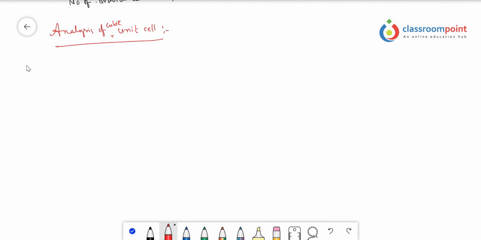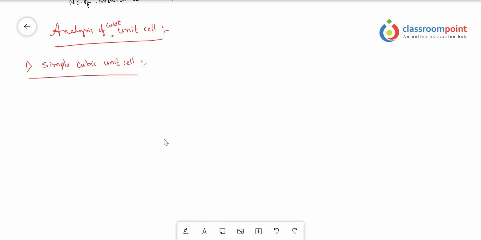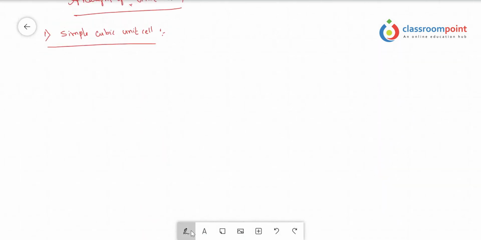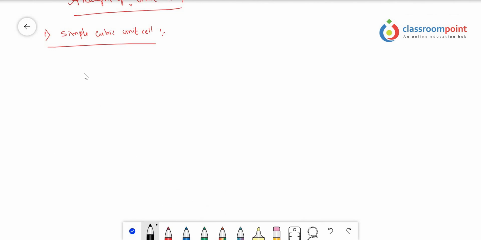So initially let us take the simple cubic unit cell. Today we shall discuss only the simple cubic unit cell and tomorrow we shall discuss the analysis of the rest of the unit cells also. So for the simple cubic unit cell, I will try to draw the diagram here.